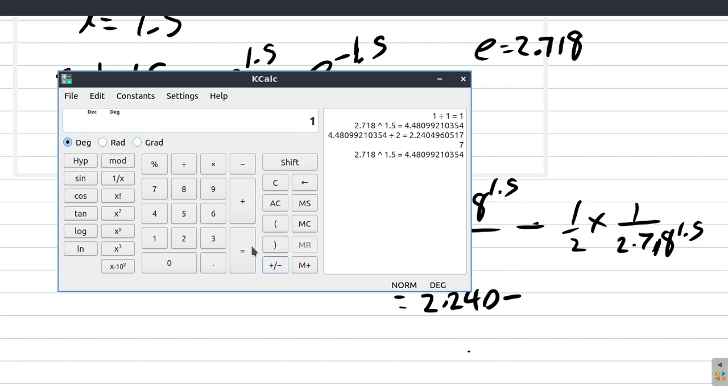So let's do it that way: 1 over open bracket.